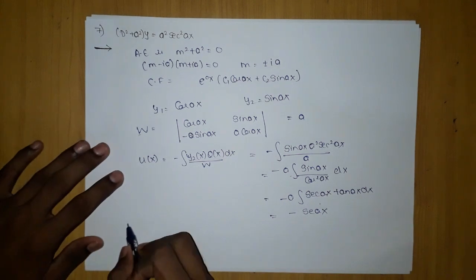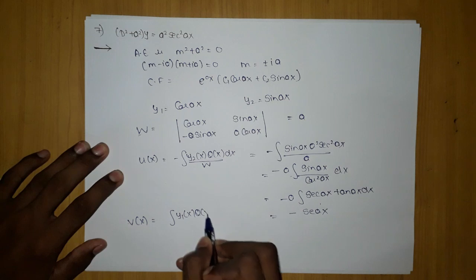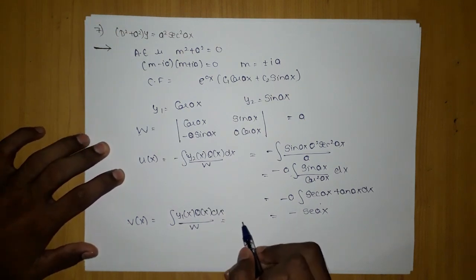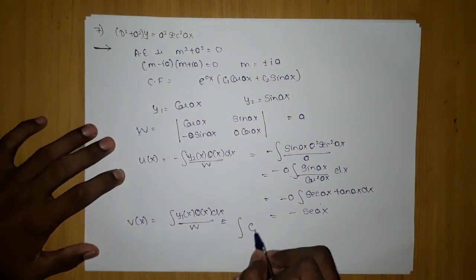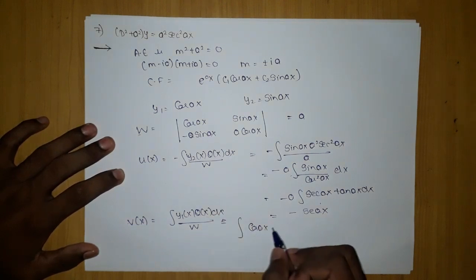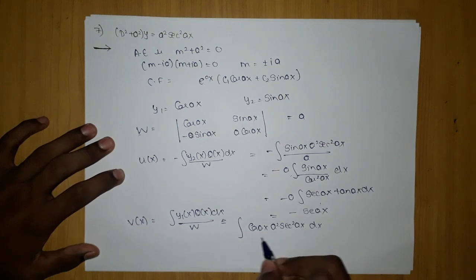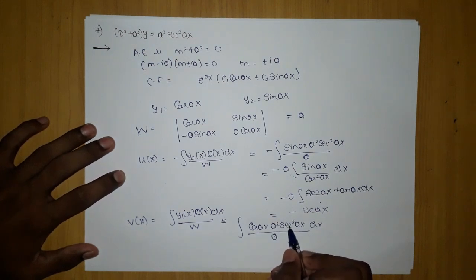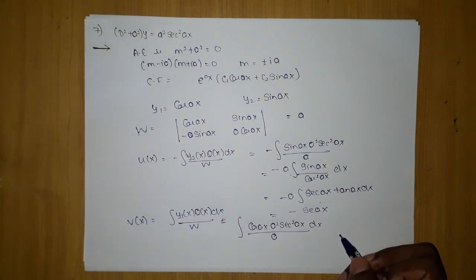Hope you have understood. Now for v of x, which is integral y1 of x into q of x dx by W, which is the integration of cos ax into a square sec square ax by a. Here one cos will cancel out, and we will be left with the integration of sec ax.